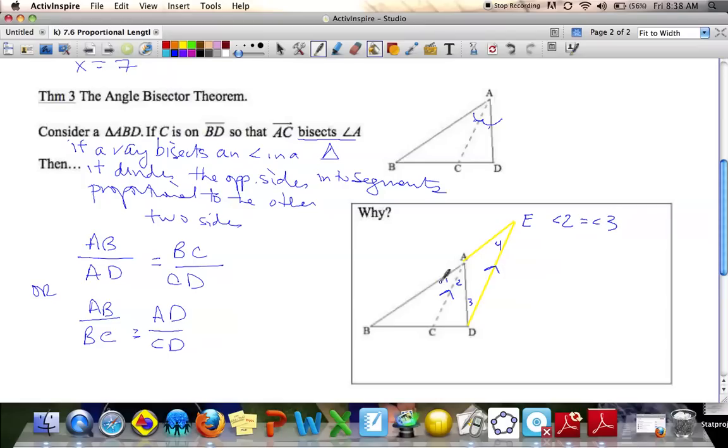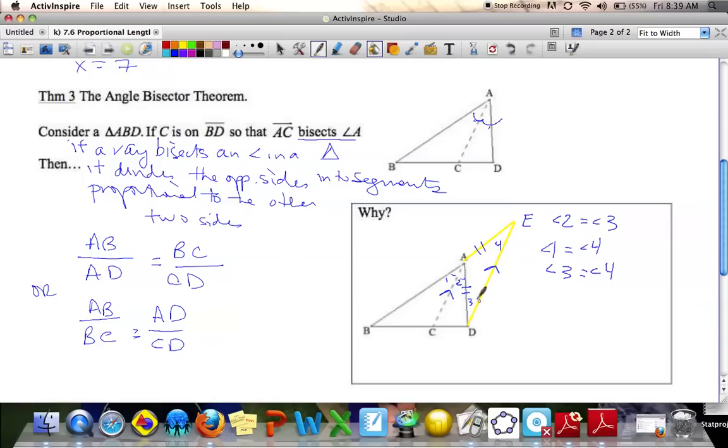We know that angle 1 is congruent to angle 4 by corresponding, but we know that 1 and 2 are congruent by the given. That was part of the original statement. So if 1 and 2 are congruent, that means angle 3 and angle 4 are congruent by transitive, which means that this segment here is congruent to this one by ITTC.